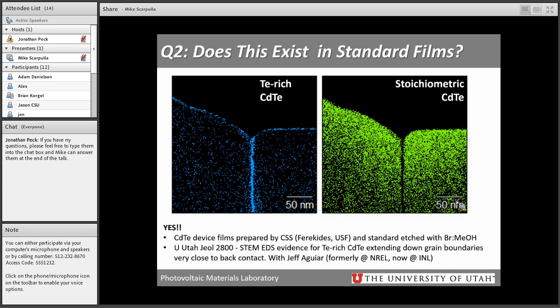So composition-wise, we have essentially grain boundaries with a lot of cadmium vacancies in them, which would be one way, but not the only way, to achieve higher p-type doping, and that concept of the minority carrier reflector, or let's say the back surface field along these grain boundaries.